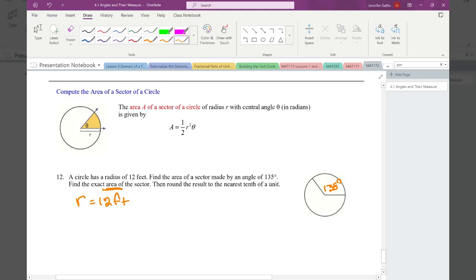Well, recall, we need that angle measure to be in radians. So since we're going from degrees to radians, that means that we are going to multiply with the radians on top. So we're going to start out and say, okay, so what is 135 times pi over 180? So we can do 135 times pi divided by 180.